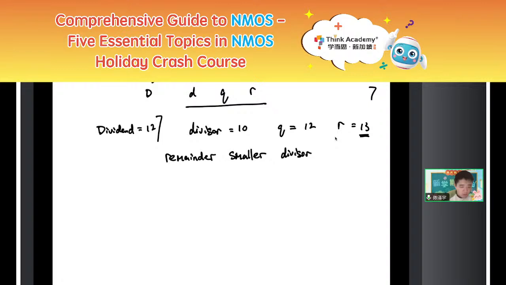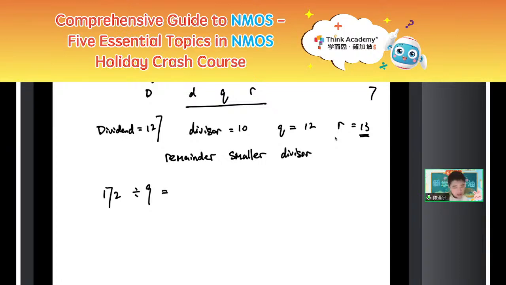Now, today we'll be focusing more on the remainder property. Okay, so guys, let's just say I'm thinking of a random number, 172. What is the remainder of 172 divided by 9?